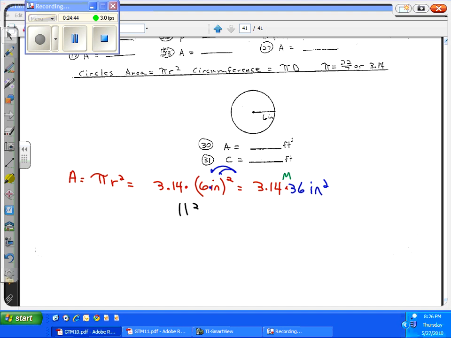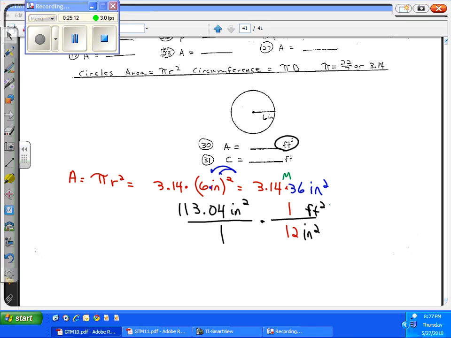113.04 square inches. But we didn't want the answer in square inches. We wanted the answer in square feet. So we multiply such that we lose the name square inches and we gain the name square feet. The larger one is feet, so we put a 1. It takes 12 inches to make a foot.